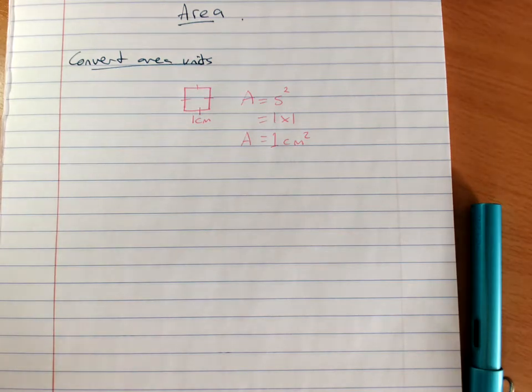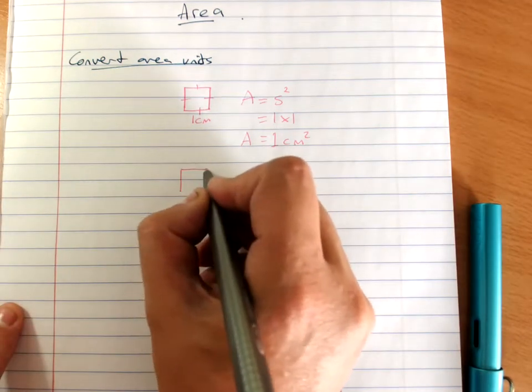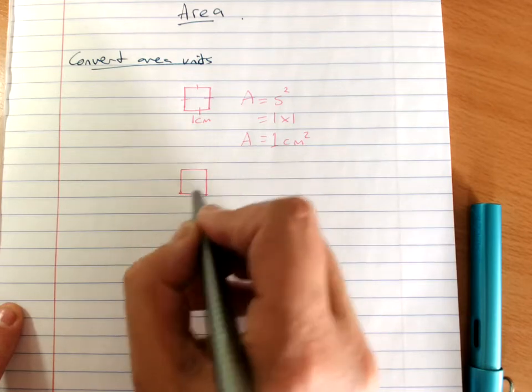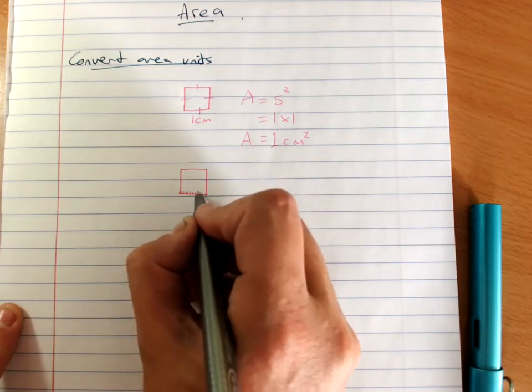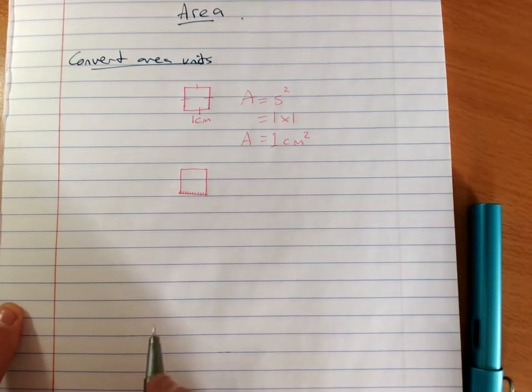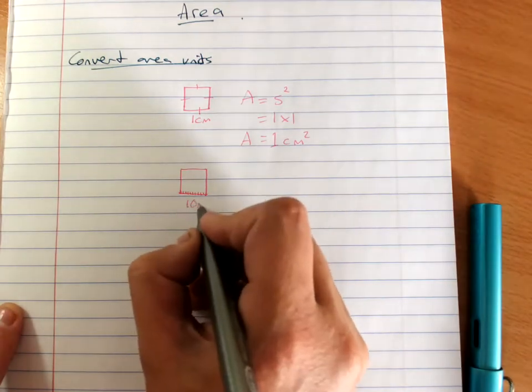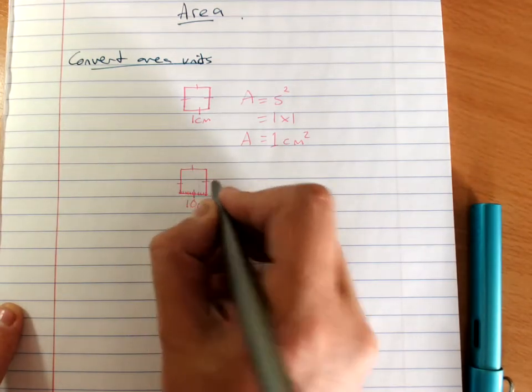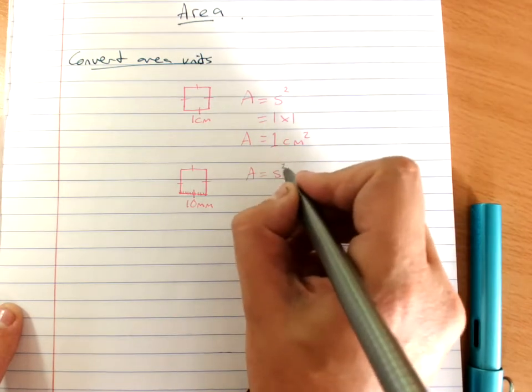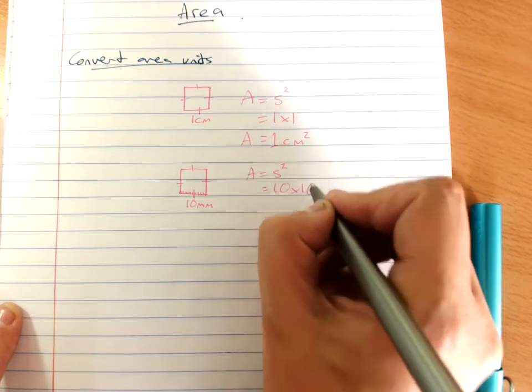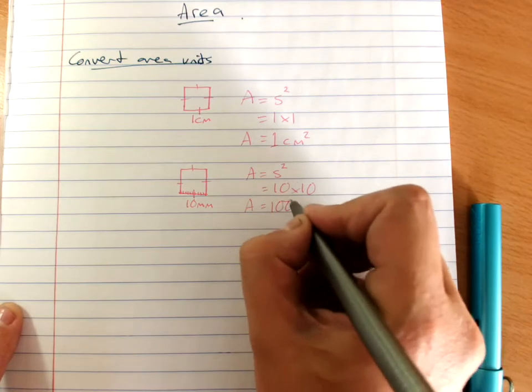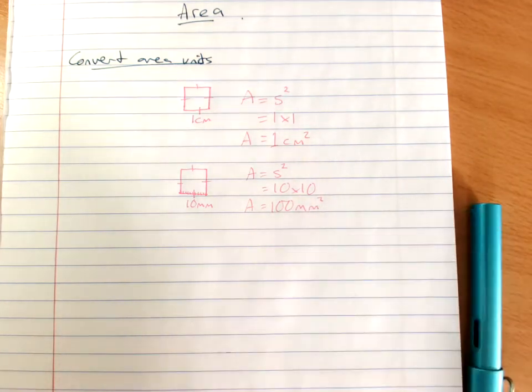If I drew that same square, but instead of giving you the measurements in centimetres, I gave you the measurements in millimetres, how many millimetres would the side length be? 10 millimetres. So the area is still side times side, which is 10 times 10, which is 100 millimetres squared.